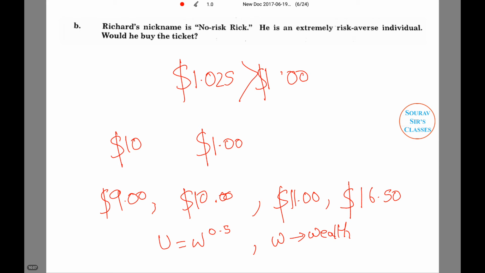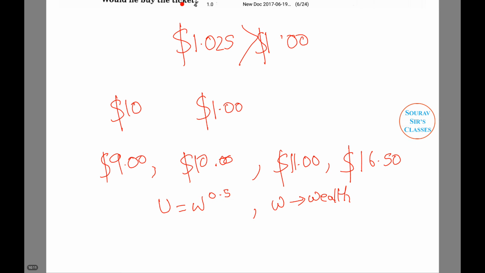Now we'll find the expected utility of this individual. The expected utility EU can be found in the following manner.